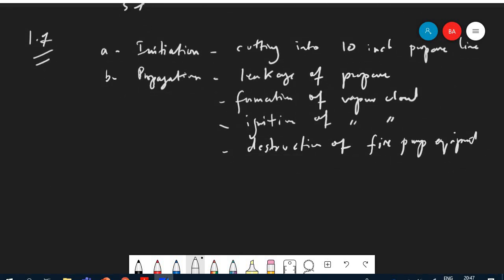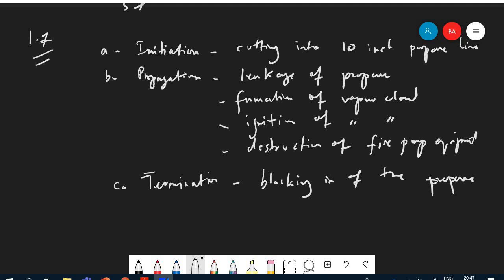And if you go to the termination part, it terminated because of blocking in of the propane. So the propane itself is now finished, or there was a blockage for this propane going out and leaking, so it just stops there.